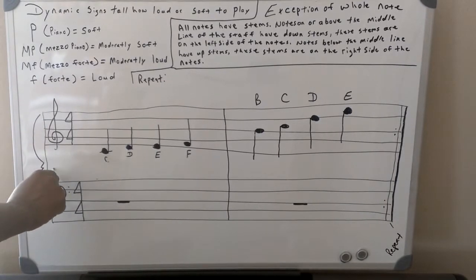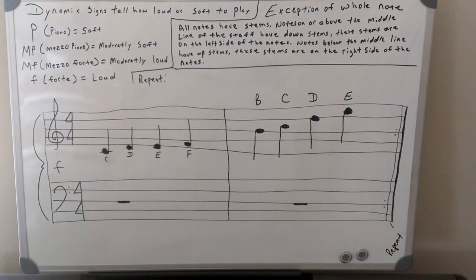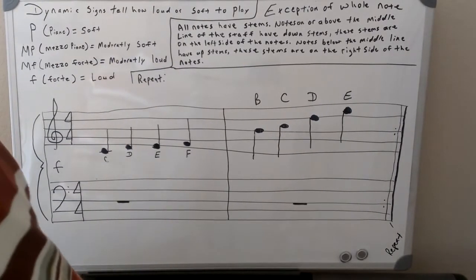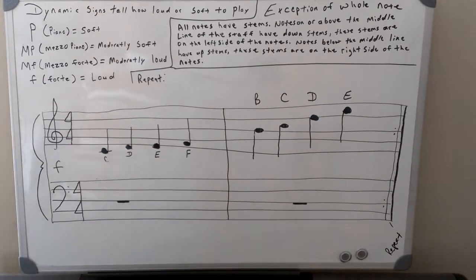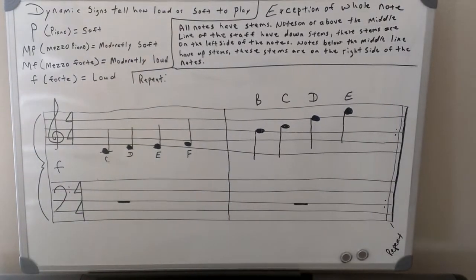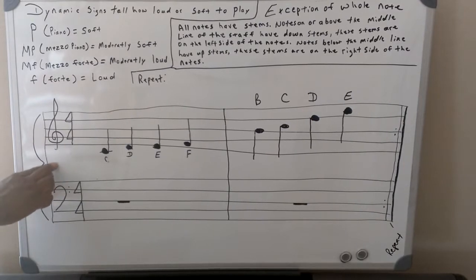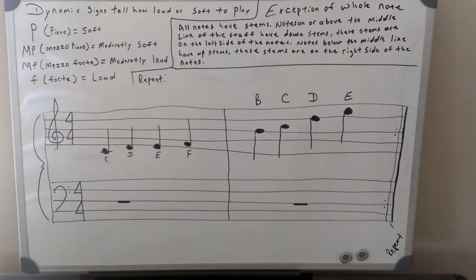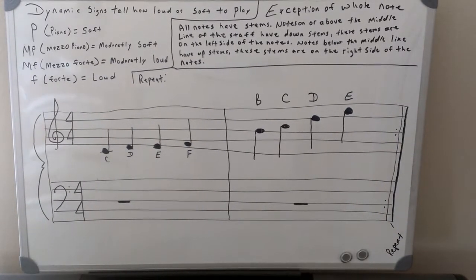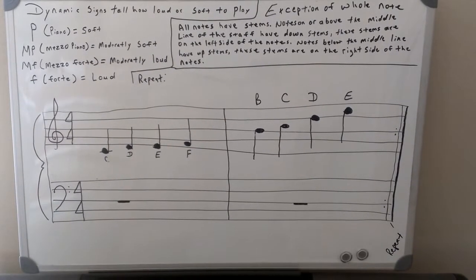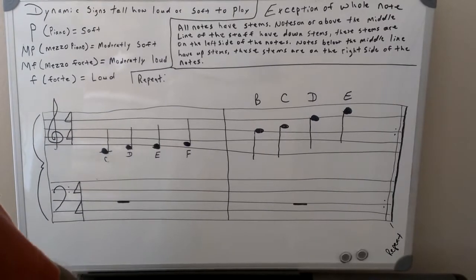If you have an F, loud. Okay? So now I'm going to play it soft, moderately soft, moderately loud, and then loud. Just those notes, again, the intensity with which you hit the keys on the piano.